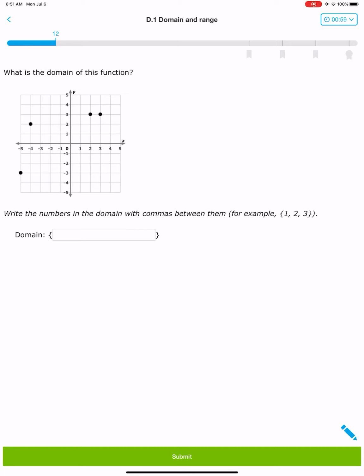Now our domain. It's listed differently now, but our domain would be all of our x's. So we look at our x-axis. Our first number that it hits on the x-axis is -5 because there's a point right here.